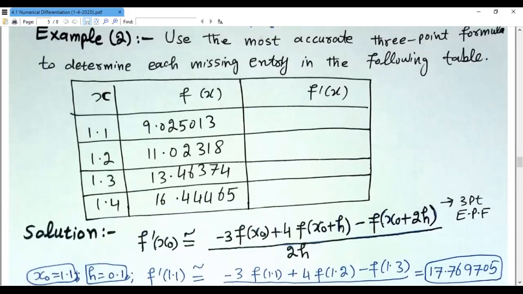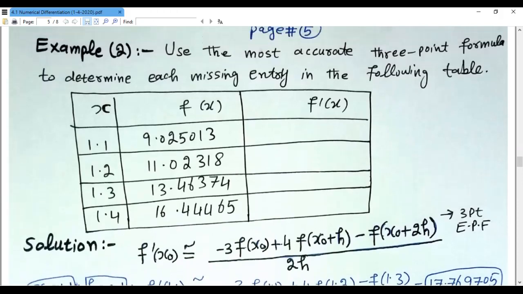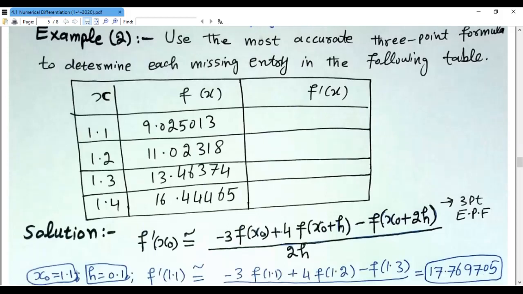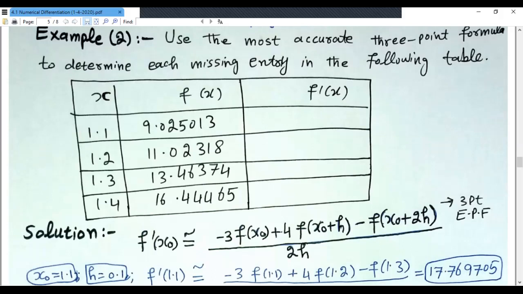If it is asked to use the most accurate 3-point formula to determine each missing entry, this is what we have to do: endpoint formula for the derivative at 1.1 and 1.4. Here h will be minus 0.1 and here h will be 0.1.